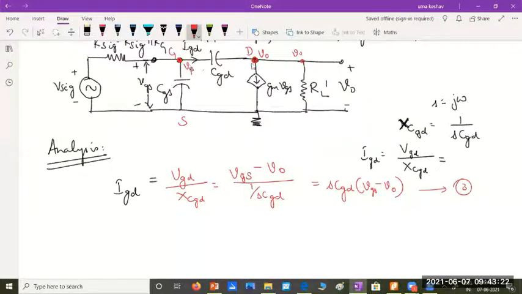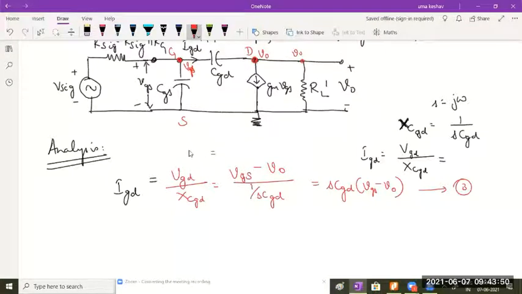What is the voltage drop across this capacitance? VGS on this gate side and V0 on the drain side. Output voltage appears here. The gate source voltage appears here. Therefore, I can write the voltage drop across this capacitance as the voltage at this end minus the voltage at the other end. VGD is nothing but VG minus VD.